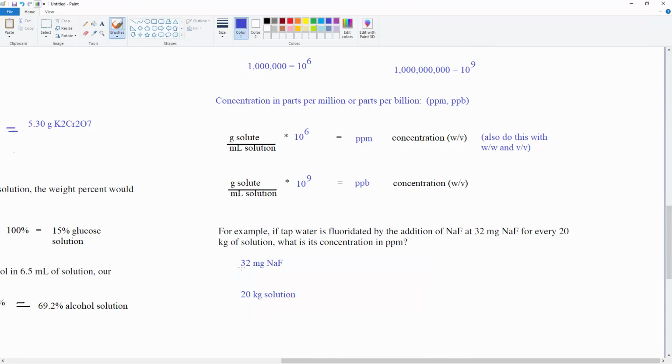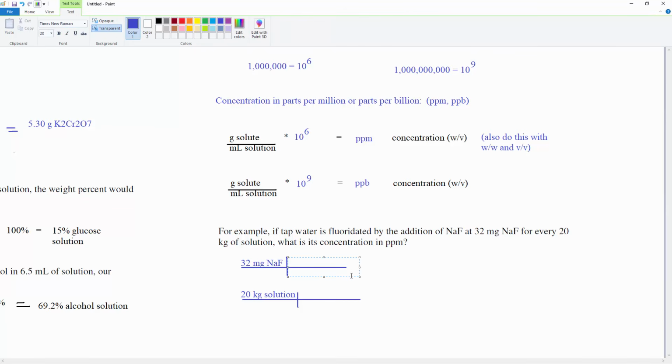Then in order to convert both of these to grams, we need to remember our metric units, right? Milli means 10 to the negative third, so that's 0.001 grams in a milligram, right? And kilo means 1,000, so there are 1,000 grams in 1 kilogram.